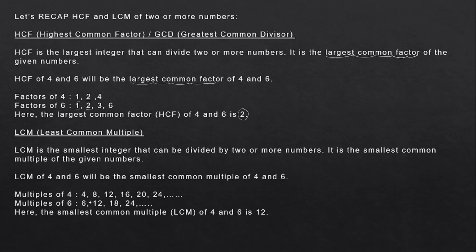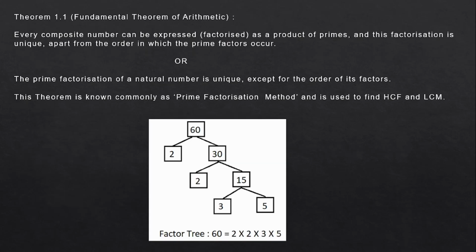The first few multiples of 4 are 4, 8, 12, 16, 20, 24 and so on. A few multiples of 6 are 6, 12, 18, 24 and so on. Now what are the common multiples? I can see 12, I can see 24, and there will be many more. But out of all, which is the smallest common multiple? That is called the LCM. Therefore, the LCM of 4 and 6 is 12. Hope you have understood this.